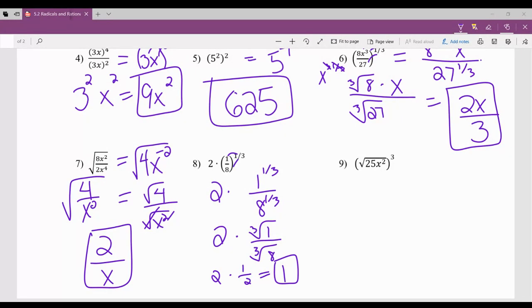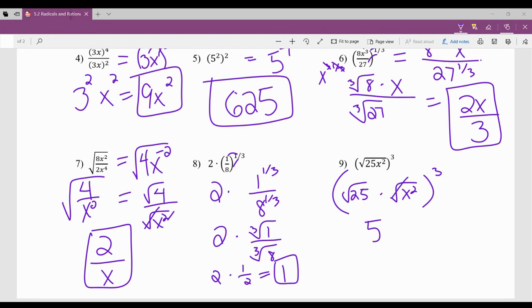All right, so number 9, I look on the inside and I say, all right, square root. It's 2 things being multiplied, so I can do the square root of each thing. Square root of 25 times the square root of x squared. And then I have to remember that that's all being raised to the 3rd. So square root of 25 is 5.